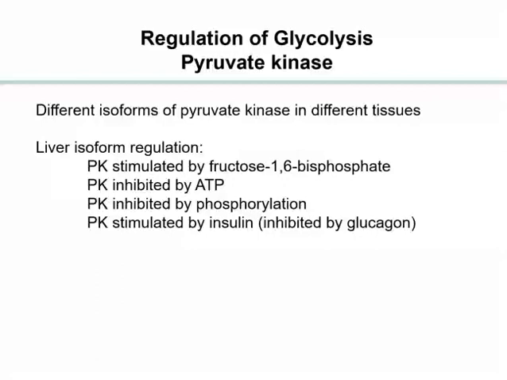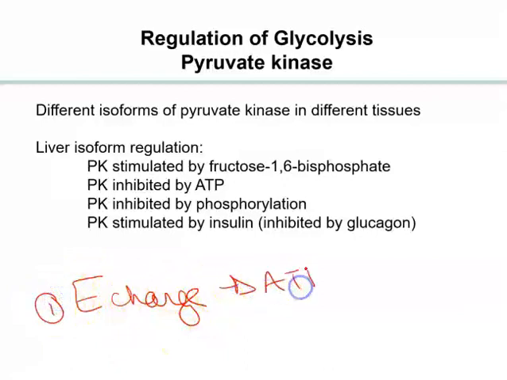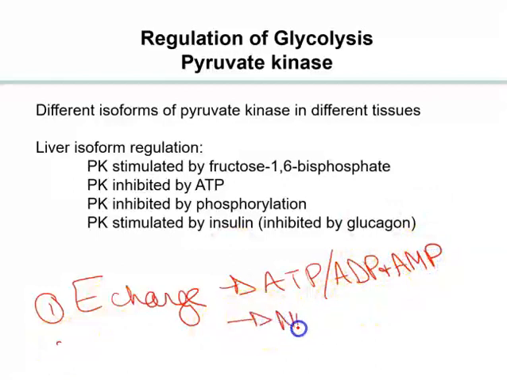Most of these regulatory enzymes for reciprocal pathways are sensitive to two things: the energy charge within the cell, where we look at the relative balance of ATP versus ADP and AMP, and also we can consider the amount of NAD plus versus the amount of NADH.